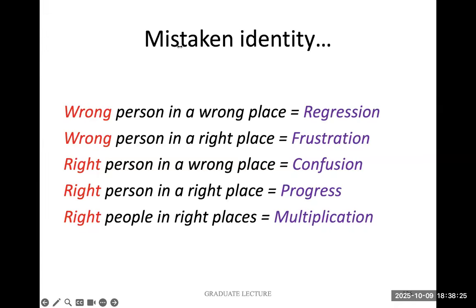Same thing if you are the wrong person in the right place, it will lead to frustration. Take, for example, that you are in this class now and you're happy with what the class rep is doing, everybody's working well. And all of a sudden, the school authority decides that they are going to put a leader because they want to control the class.